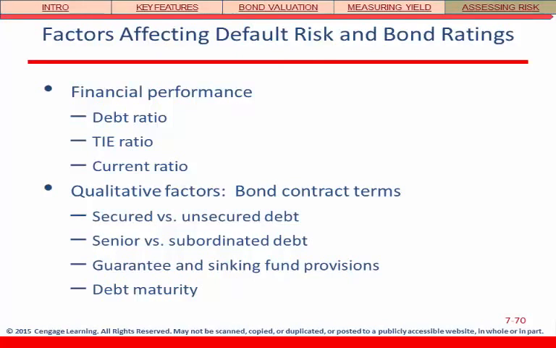They're also going to look at some qualitative factors such as contract terms. Are we talking about secured debt versus unsecured debt, senior versus subordinated debt, guaranteed or sinking fund provisions, and also debt maturity. So they're going to take a look at all of this information, right, and decide what to give a specific bond issuance as far as a bond rating.